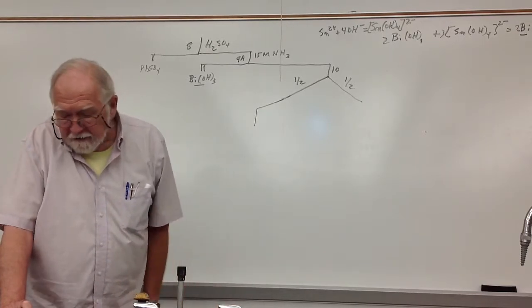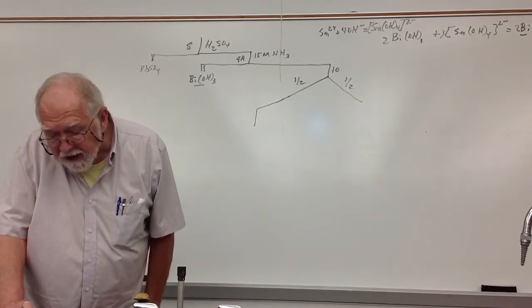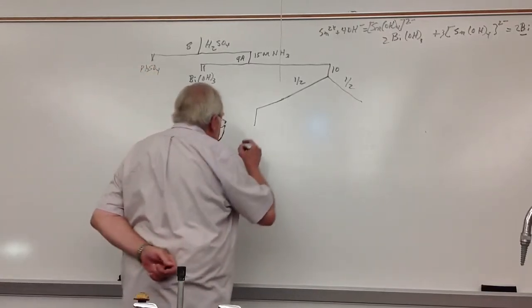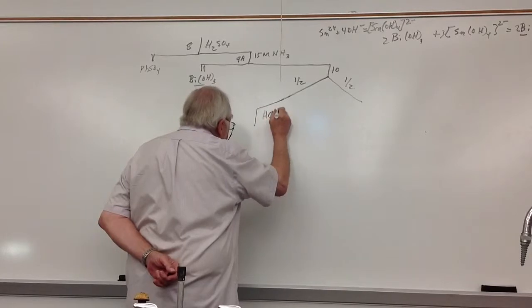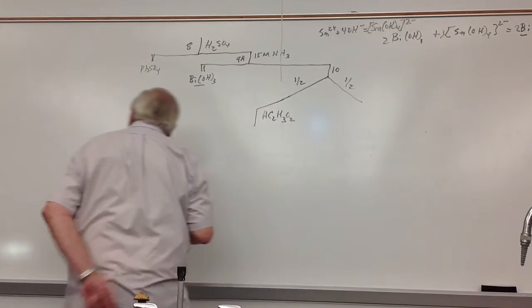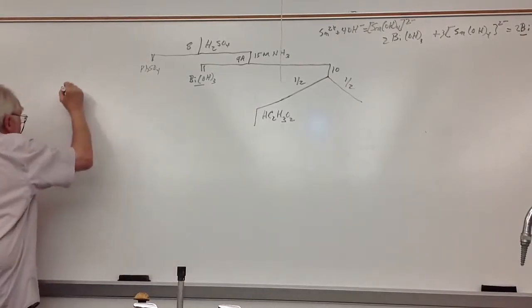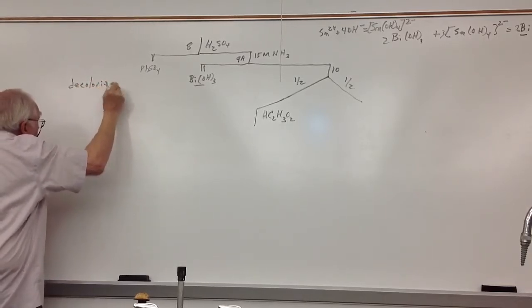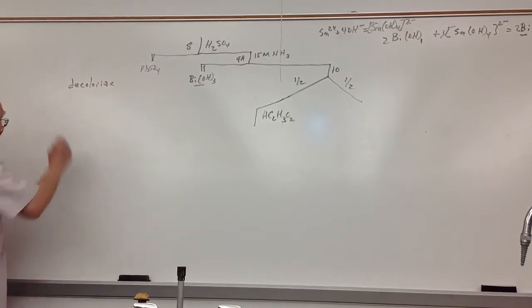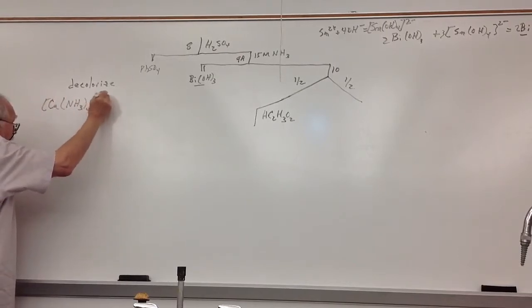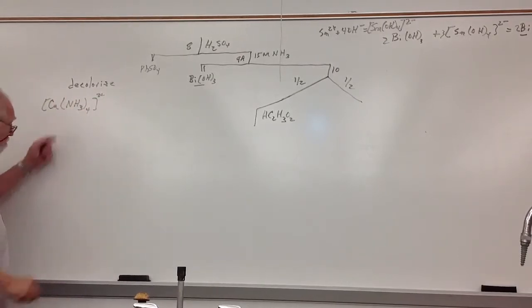So you're dividing in half, then you're going to acidify. So it says add 5 molar acetic acid. Now the tricky word here says decolorize. You started with this deep blue color.